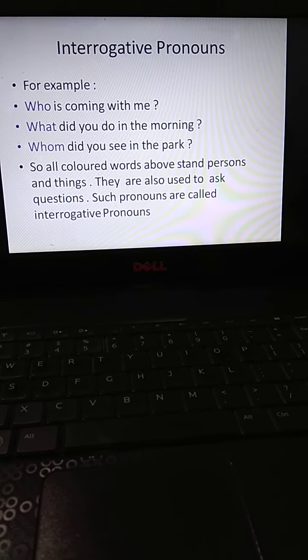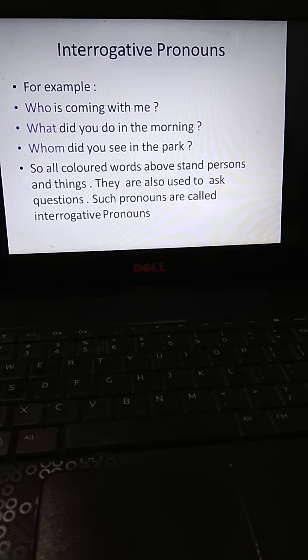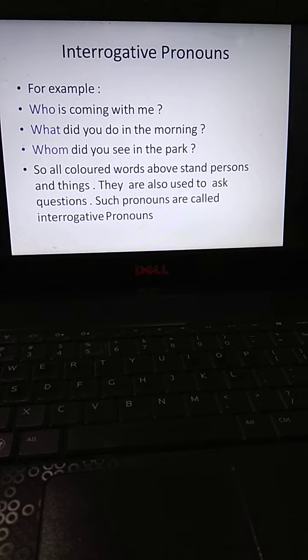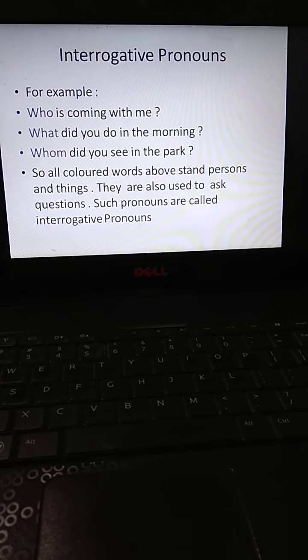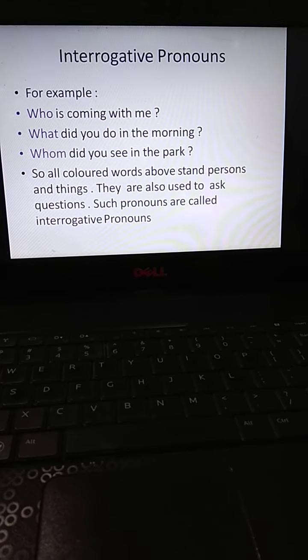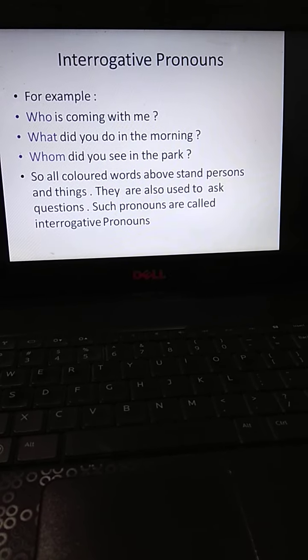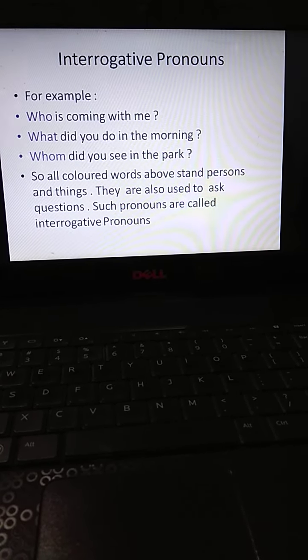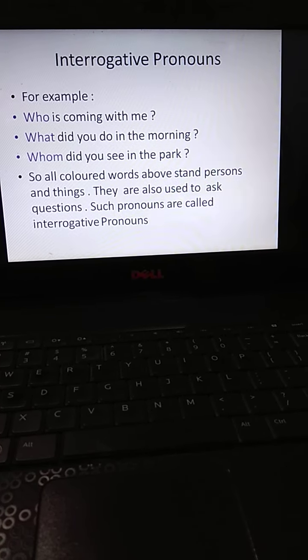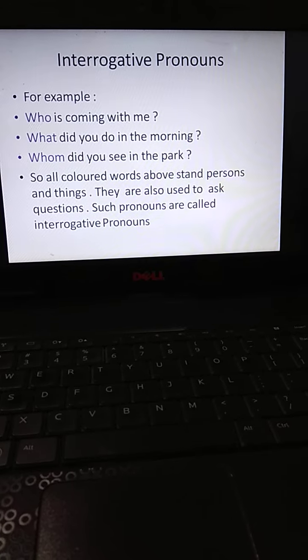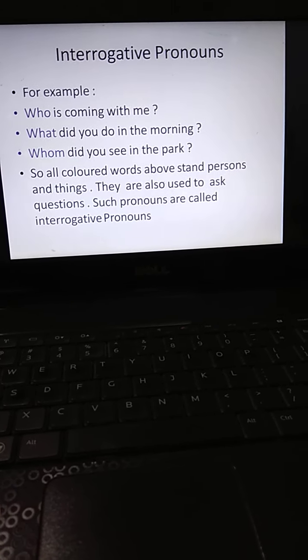Such pronouns are called interrogative pronouns. So, words like who, what, whom, which, whose are used to ask questions. Such pronouns are called interrogative pronouns.